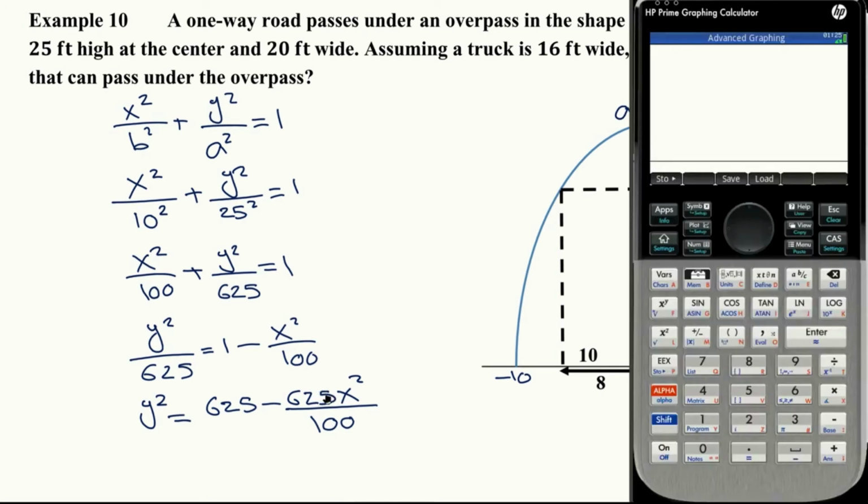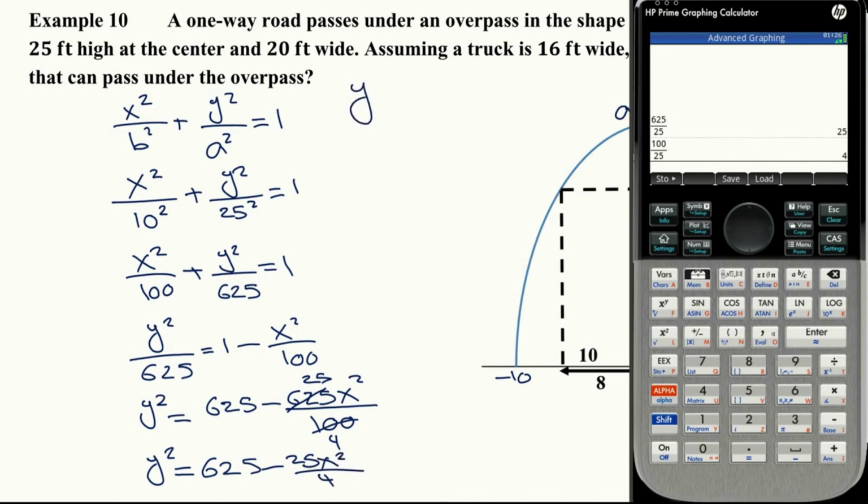It looks like at least 25 goes into both of them, so we know that 625 divided by 25 is 25, and 100 divided by 25 is 4. So if we cross cancel, we get 25 up here and 4 down here. So basically we have y squared equals 625 minus 25 x squared over 4.